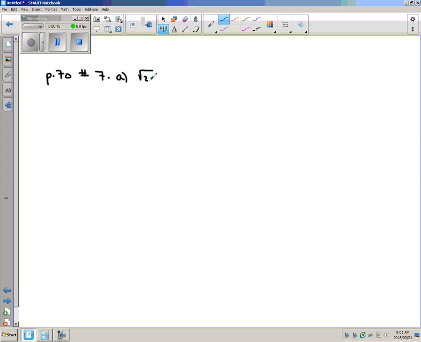So 7a: root 27 minus 4 root 3 plus root 243 and minus 8 root 81 and finally plus 2. As I'm writing this down, I'm spotting that if any of these have a perfect square root right off the bat, you would just not leave it, you'd evaluate it.